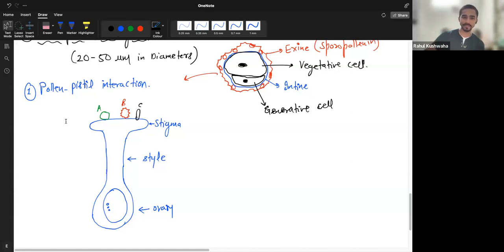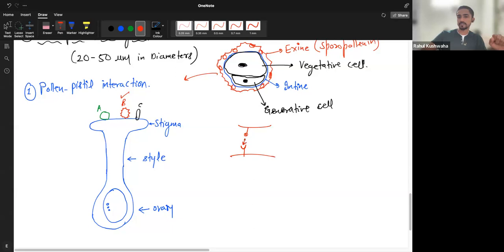All other pollens are rejected; let's say in this case, B is the right one. These interactions are nothing but sugar molecules acting as receptors on the surface. The surface of stigma will have some receptors, and the surface of pollen will also have some receptors.